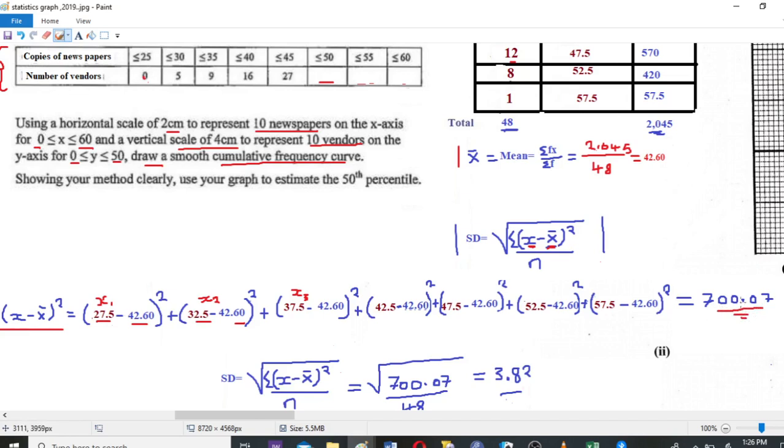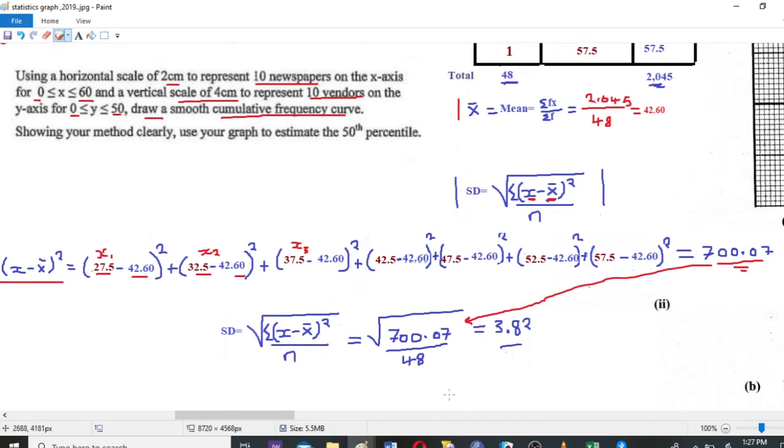Now this has to be divided by n, which is 48. So that's the formula; let's check here. We replace the value there, and our n is 48, right?